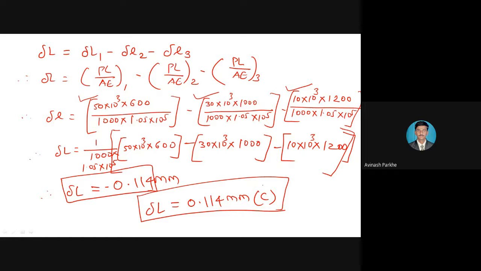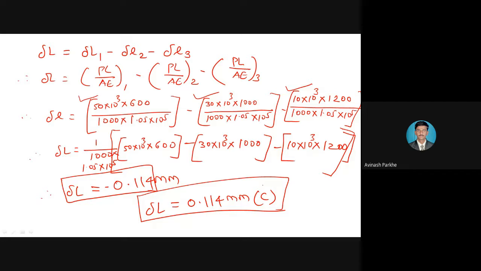So in the examination, you have to represent both the answers. Whatever negative answer you got, you write down that negative answer also. At the bottom side, you can replace that negative sign in the form of capital C. So both answers will be accepted, but whatever answer you got from the calculation must be there in your calculation.